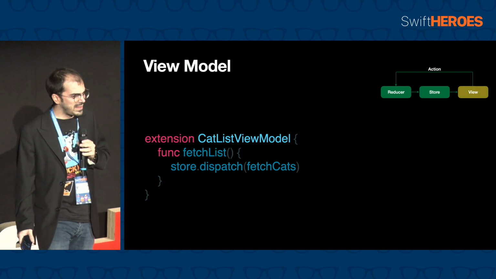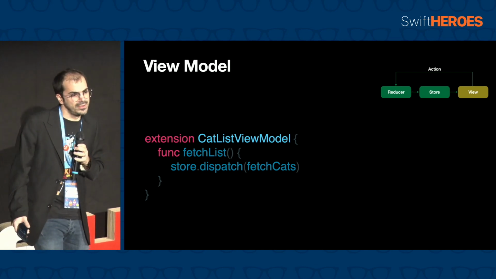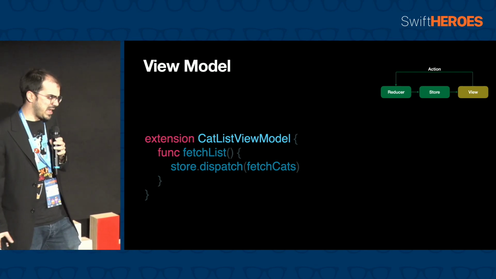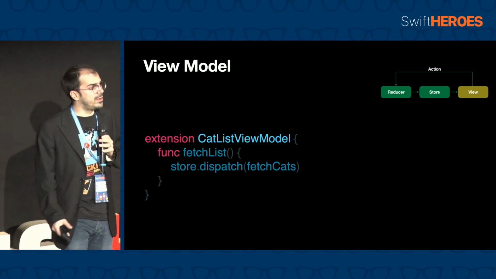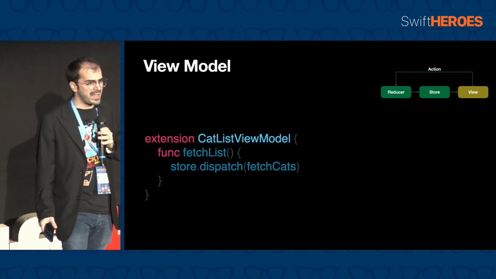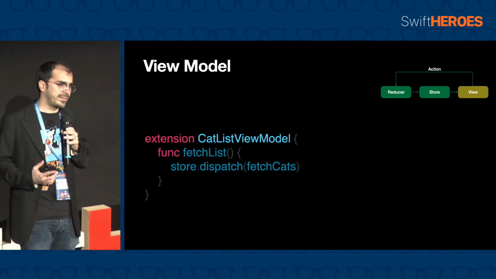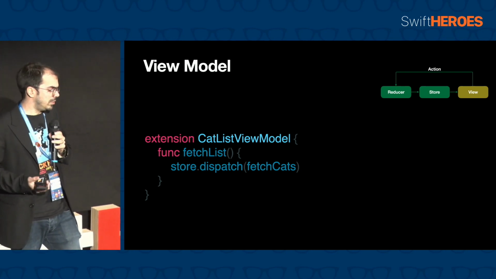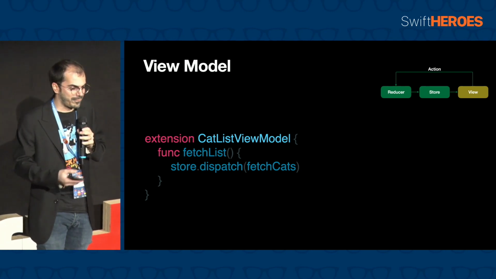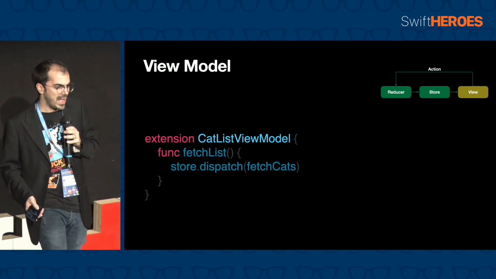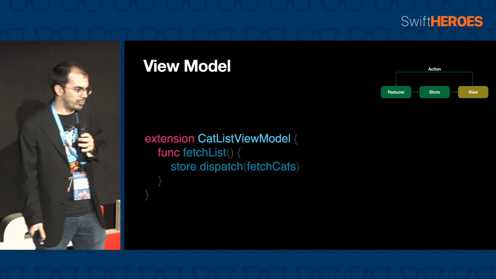Actually, the fetch cats action is a special action in this case, because it's something that has a side effect inside it, because of the asynchronous API call to the cat API, of course.